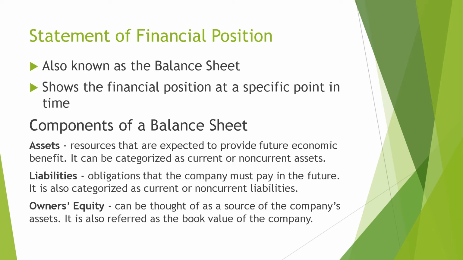It can be categorized as current or non-current assets. Liabilities. These are obligations that the company must pay in the future. It is also categorized as current or non-current liabilities. Owner's equity can be thought of as the source of company's assets. It is also referred as the book value of the company.